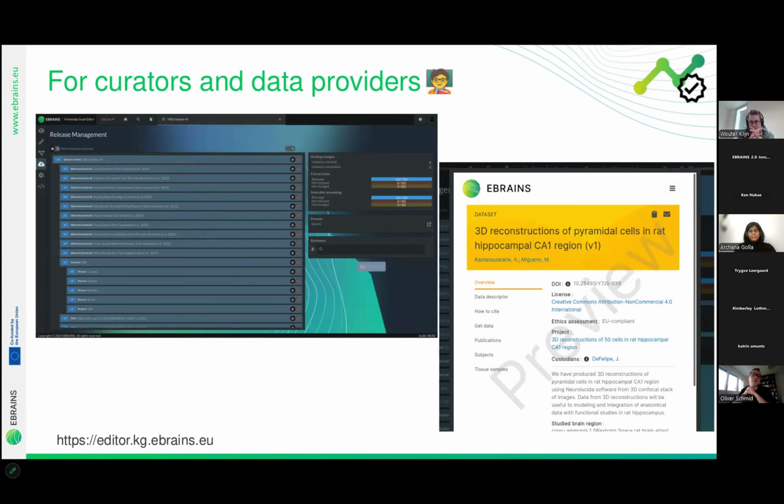So what we have is what we call release management, which allows you to, first of all, preview elements, which is very helpful, right? Especially if you're talking to less technical data providers, it's nice if you can already show them, look, this is the way it will look when you open it in the knowledge graph search. So they can actually check, is it true or not?